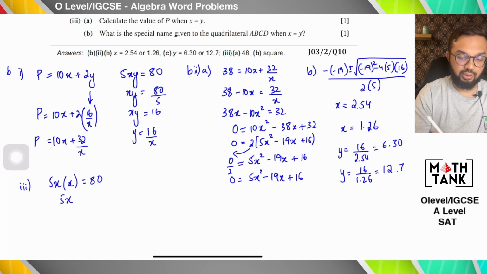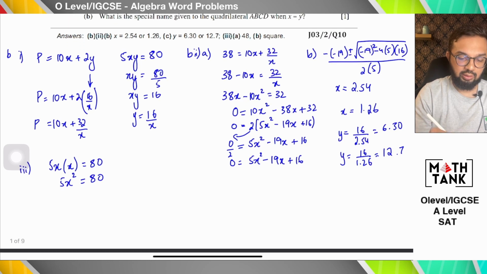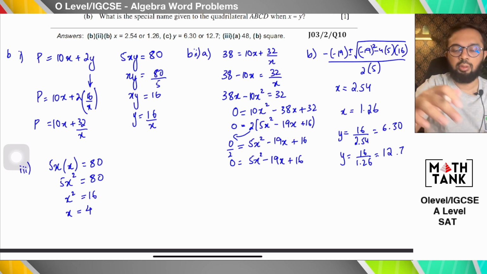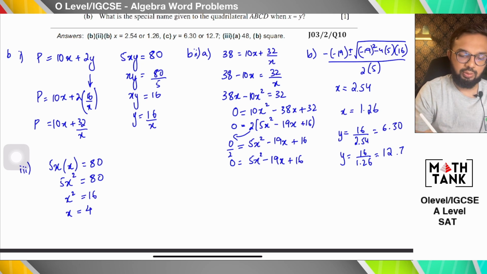So 5x squared equals 80, and then x squared equals 16, and x equals 4 or minus 4, but I'll just take 4 because minus 4 is not a length that I could use. And once I have that, I can go on and calculate this.